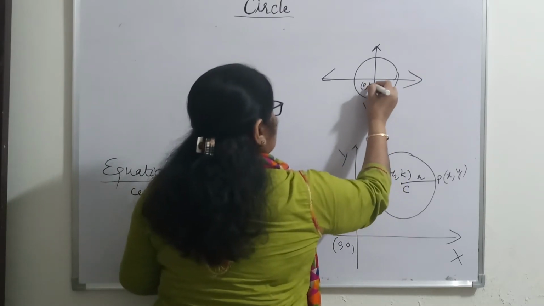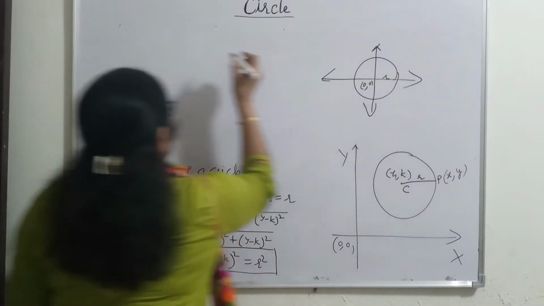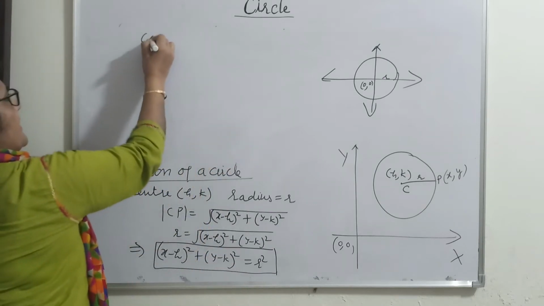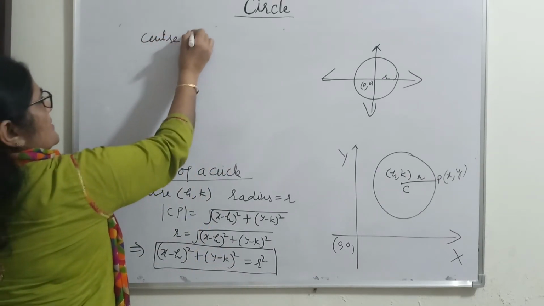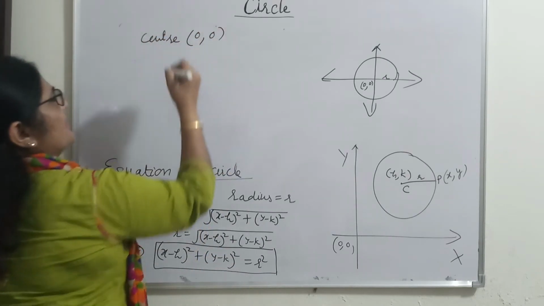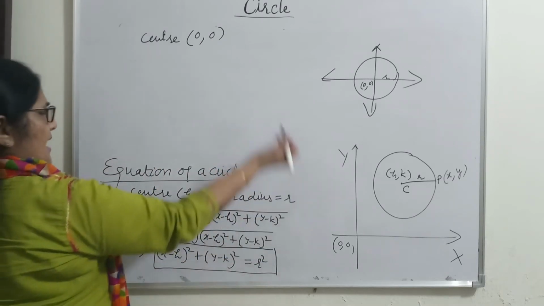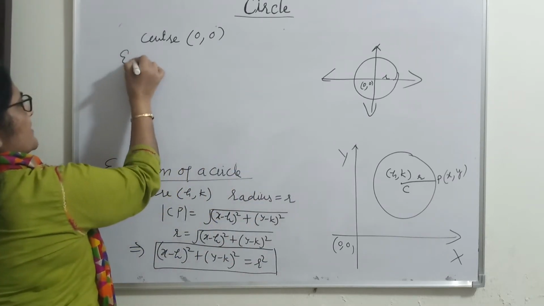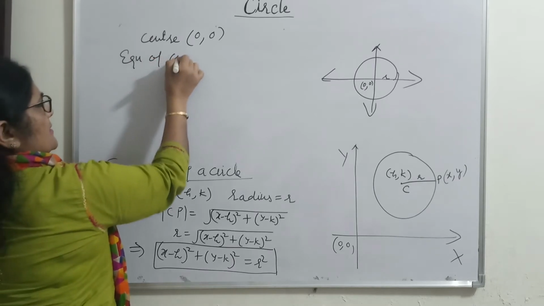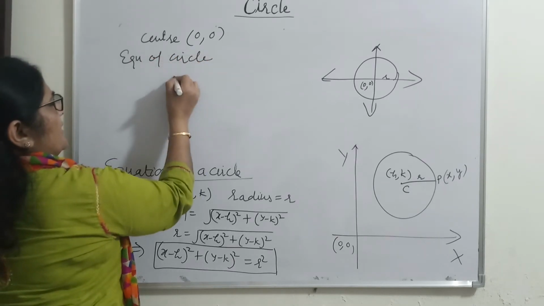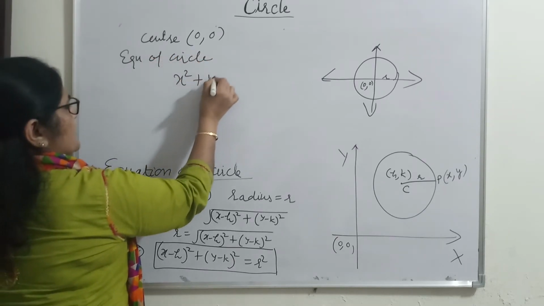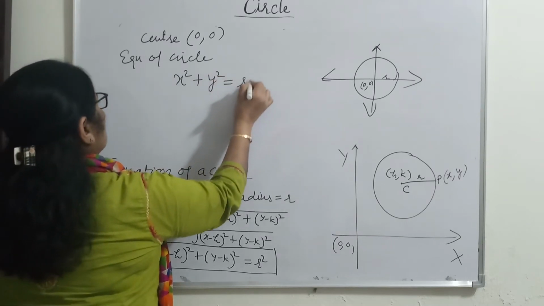That means center is (0, 0), so h is 0, k is 0, and radius r as it is. So the equation of a circle whose center is at the origin is x square plus y square is equal to r square.